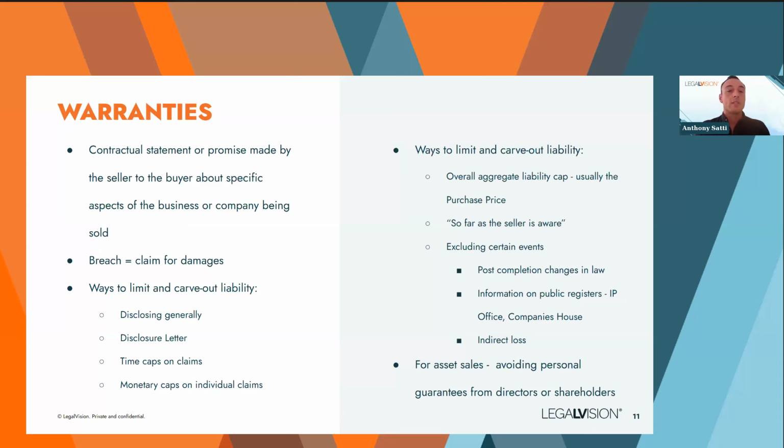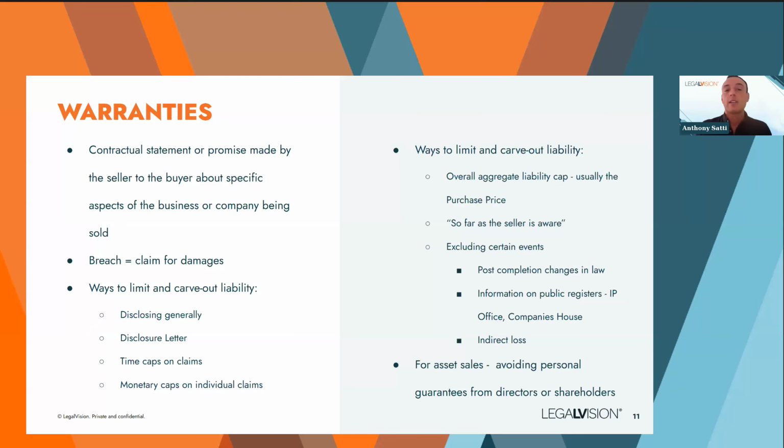What is a warranty? It is literally a contractual promise about the state of the business or the company, and it will cover things like the business or the company's compliance with laws like privacy or employment laws. It'll cover whether the business has complied with paying everybody in accordance with employment legislation and their employment agreements.